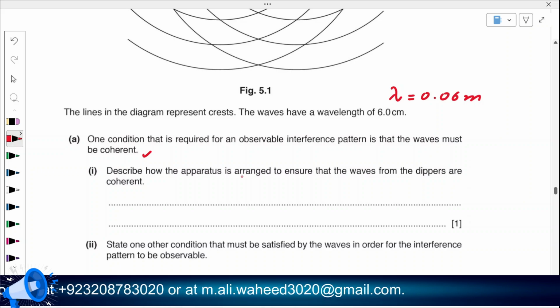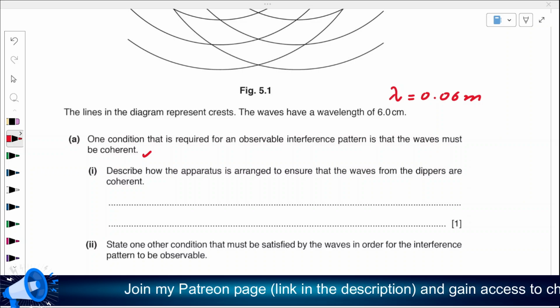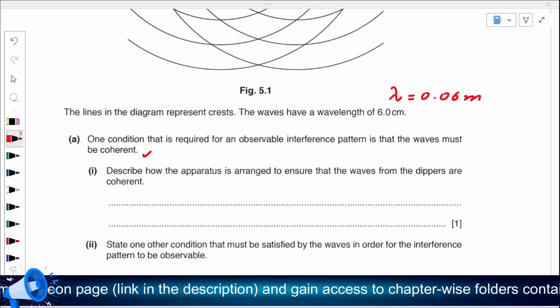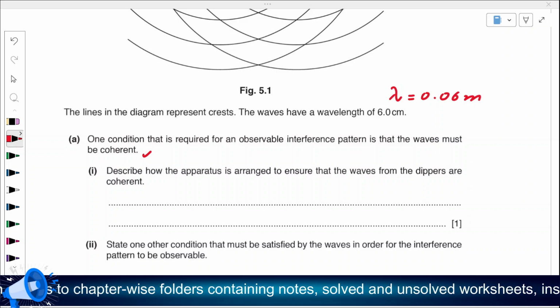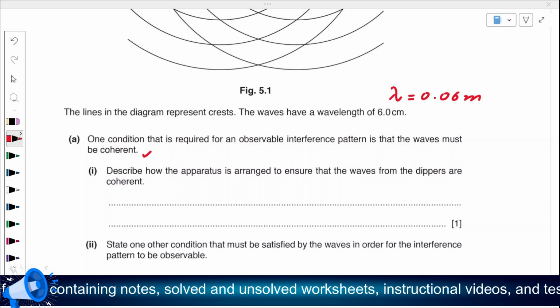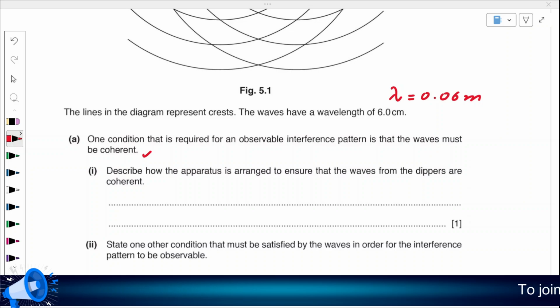Describe how the apparatus is arranged to ensure that the waves from the two dippers are coherent. Well, the dippers should be vibrating or moving with the same frequency. And how do we ensure that the dippers have the same frequency? The dippers would be connected to the same vibrating machine, to the same vibrator, to the same motor, anything that you want to write.